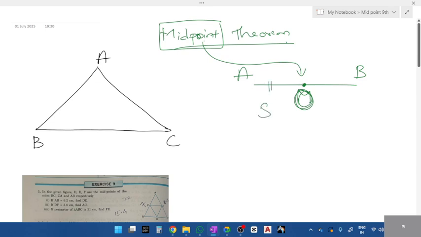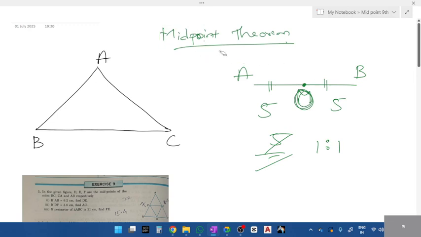If AO is 5 centimeter, the length of OB also will be 5 centimeter. So ratio, if you want to take the ratio, you divide 5 divided by 5. What's the ratio between them? 1 is to 1. So in midpoint theorem, the ratio will always be equal to 1 is to 1. Important concept, even next year you'll have this related to this. So 1 is to 1.